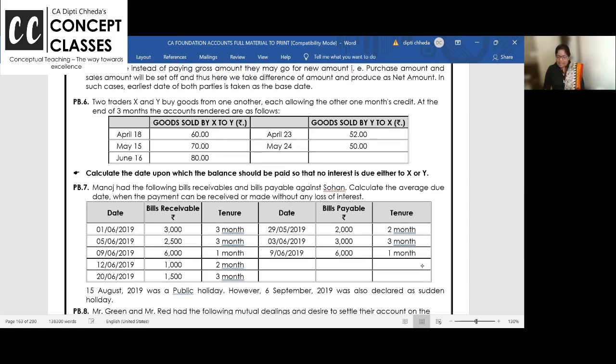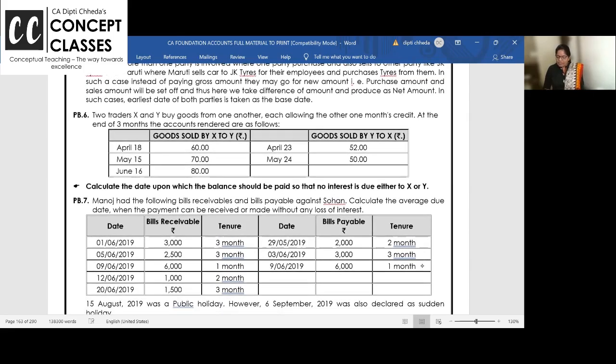Two traders, X and Y, buy goods from one another, each allowing the other credit. At the end of 3 months, accounts rendered are given to you. Goods sold by X to Y and sold by Y to X. Calculate the date upon which the balance should be adjusted so that no interest is paid.